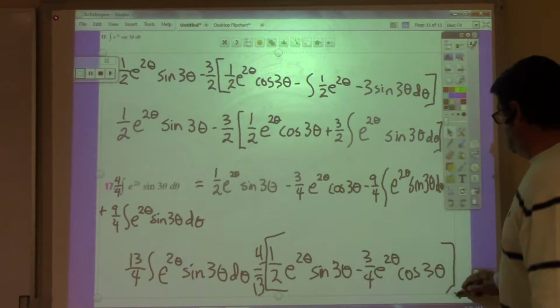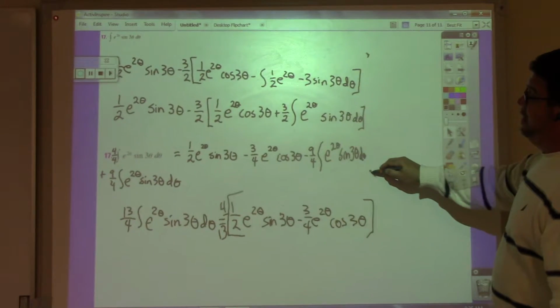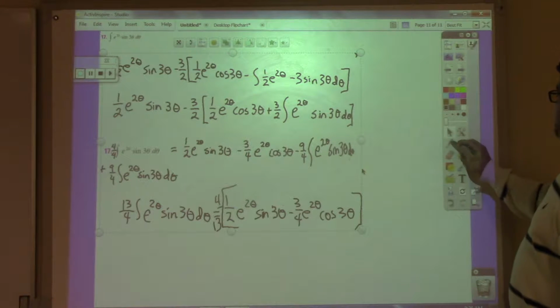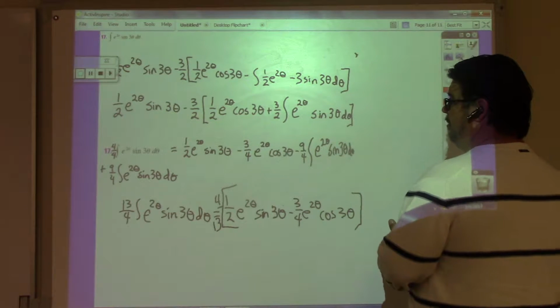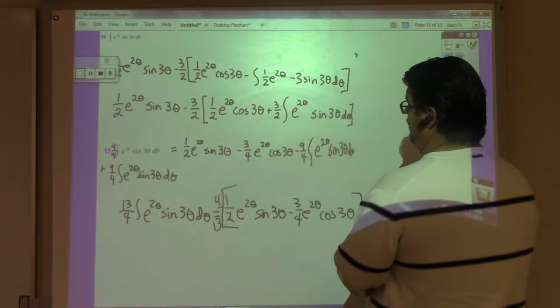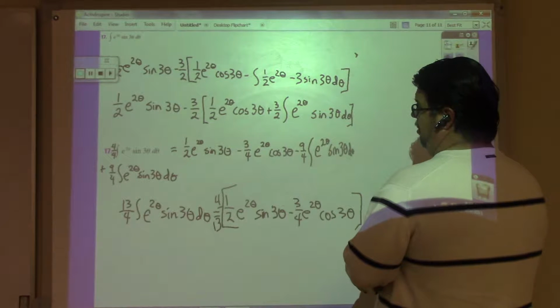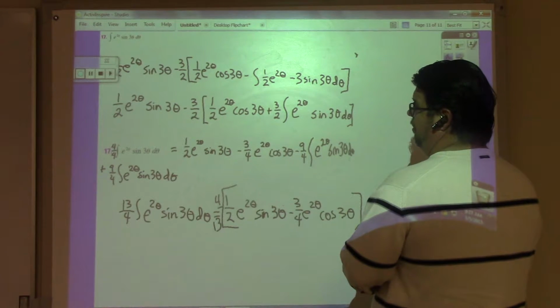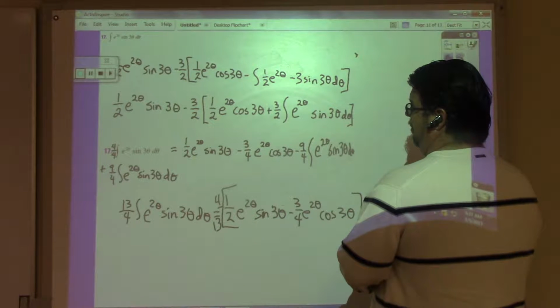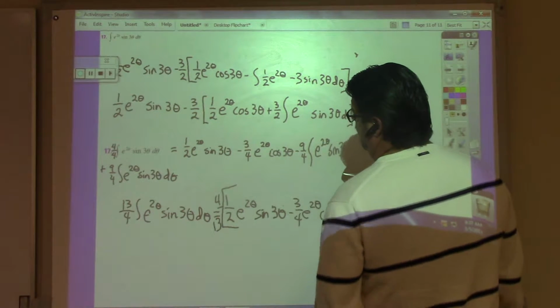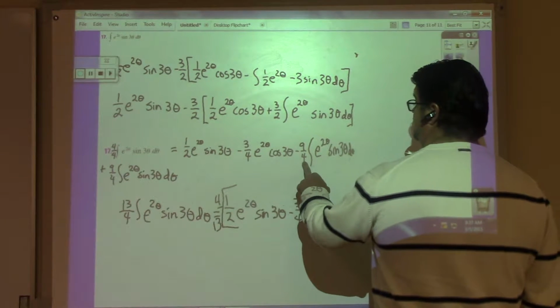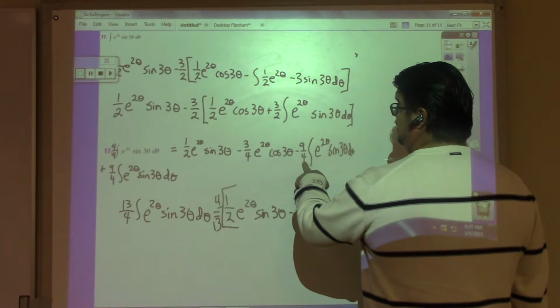Ask before you do it. Yes. Say you did all that down to where you have 1/2 e to the 2 theta sine 3 theta minus 3/4 e to the 2 theta cosine 3 theta minus the 9/4. What if somehow the way the function was worded turned out to be a plus 9/4? Would you subtract it to the other side and set everything equal to 0?